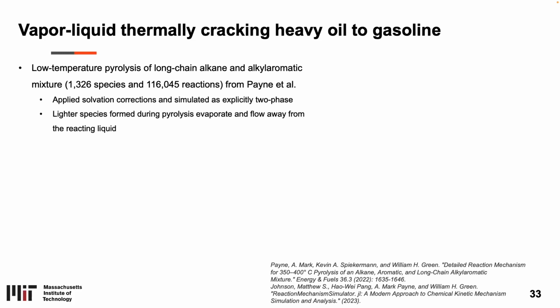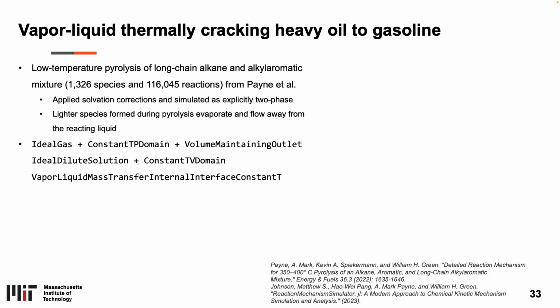So what it does is we take this published mechanism from our group and I apply solvation corrections to it and I model it as an explicit two-phase. So what I want to model is I have a liquid heavy oil and I heat it up to get it thermally cracked. And as it reacts, the lighter species can evaporate into the gas phase and get blown away. So that it will keep cracking into gasoline and blowing away that way.